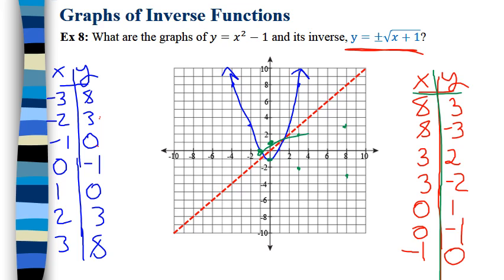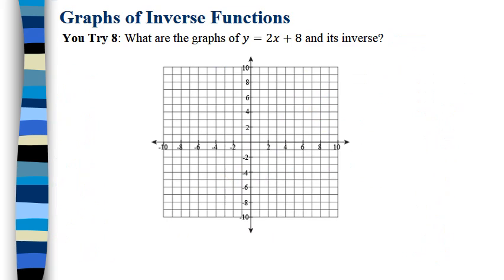And I recognize that this, first of all, is not a function, because it wouldn't pass the horizontal line test. But I notice that there's a symmetry here. In fact, these graphs are symmetric about the line y equals x. And that is one way to tell if two relations are inverses. They will be reflections of each other across the y equals x line.